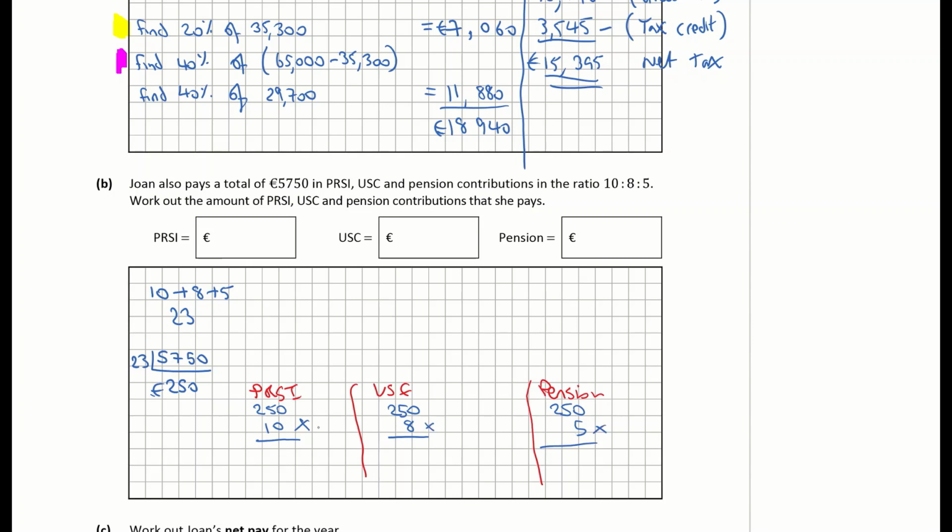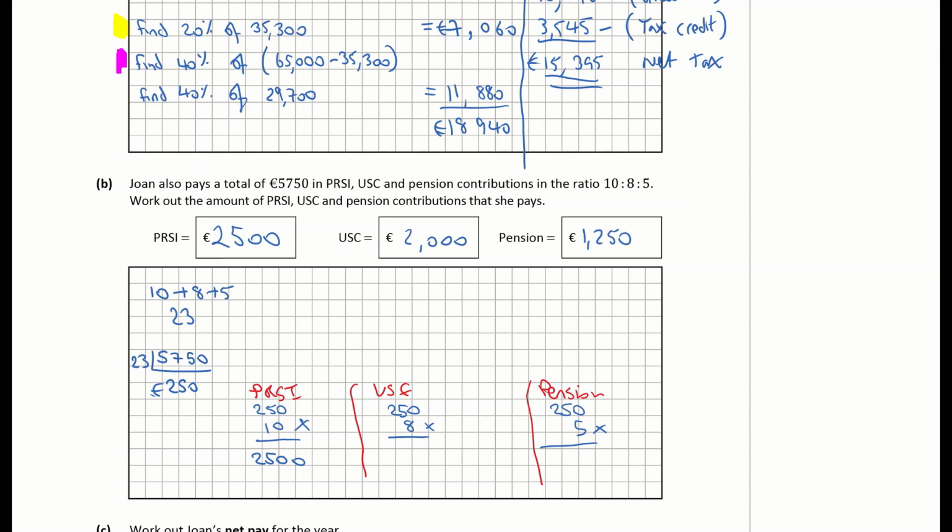So I just need to do out these three sums to get their values. So 250 multiplied by 10 is getting me 2,500. So that's my PRSI. So I'll put that in here. My USC is 250 multiplied by 8, which is 2,000 euro. And my pensions is 250 multiplied by 5, which is 1,250.